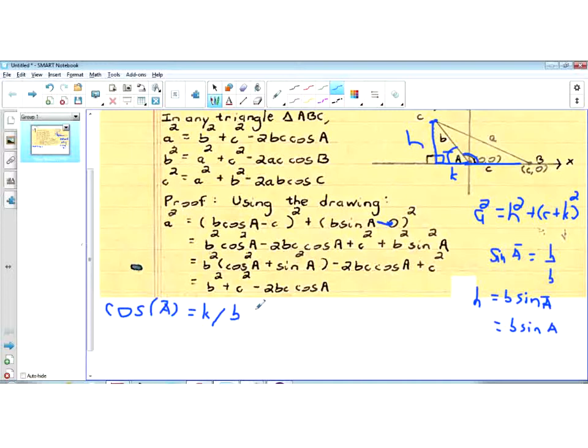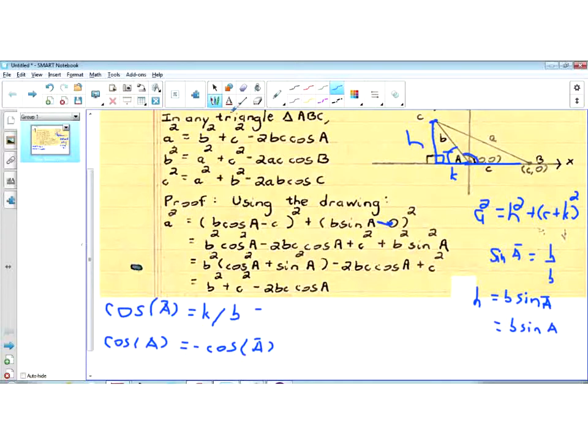But we have to be careful, since we're in quadrant 2, the cosine of angle A is equal to minus the cosine of the reference angle, because we're in quadrant 2. Okay?